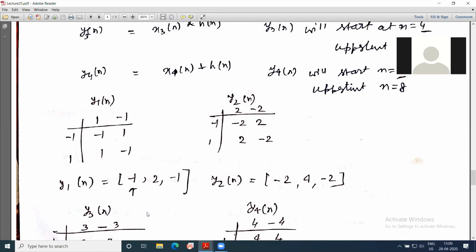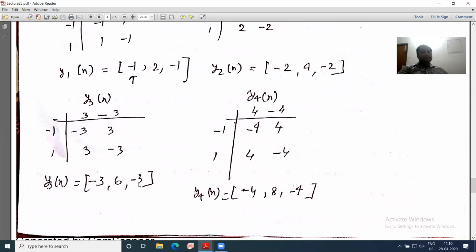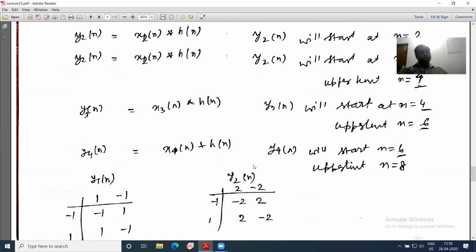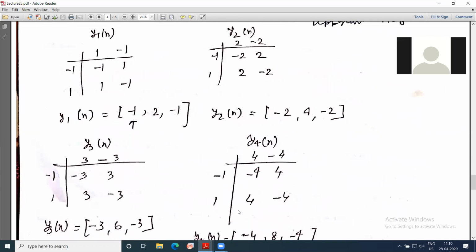Similarly, we convolve y2 with h of n, giving minus 2, 2, minus 2. Then y3 is 3, minus 6, 3, and y4 is 4, minus 4, 8, minus 4, because I have to convolve 3, 4, minus 4 with minus 1, 1.